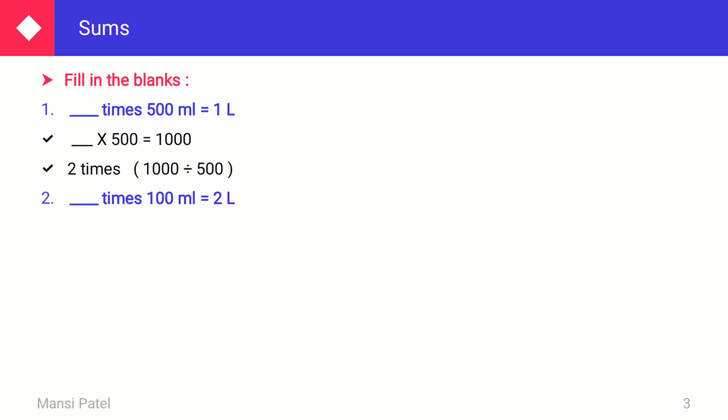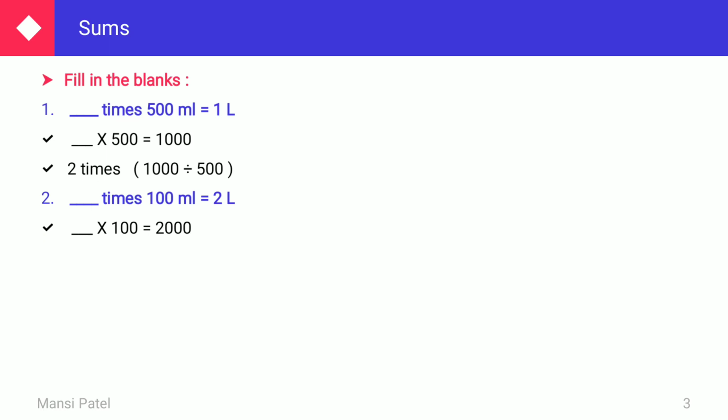Let us see another one. Dash times 100 milliliter is equal to 2 liter. First of all, let us convert it into simple language. Which number multiplied by 100 is equal to 2 liter?